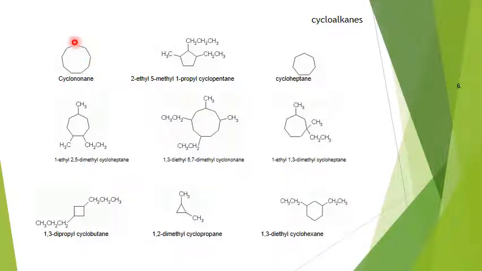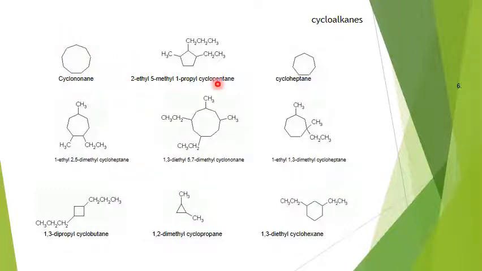Coming off of each one of these carbons is 2 hydrogens. So this carbon right here would have 2 carbons attached, and then I have 2 hydrogens. This has 9 points on it, so this is cyclononane. The chemical formula would be C9H18.